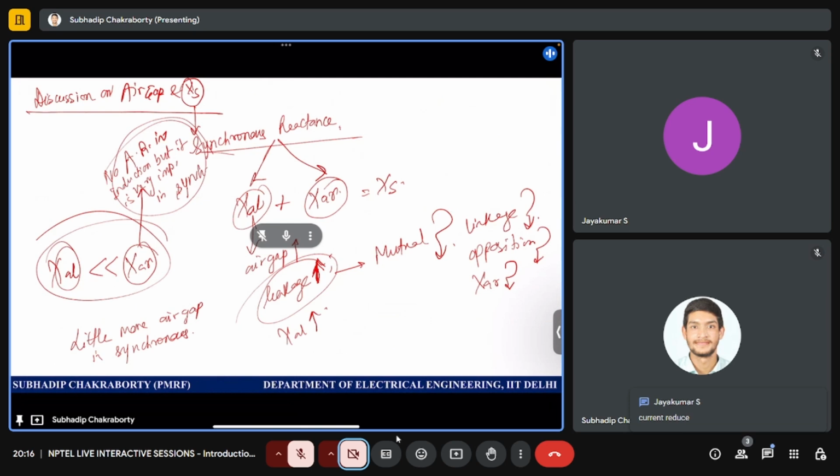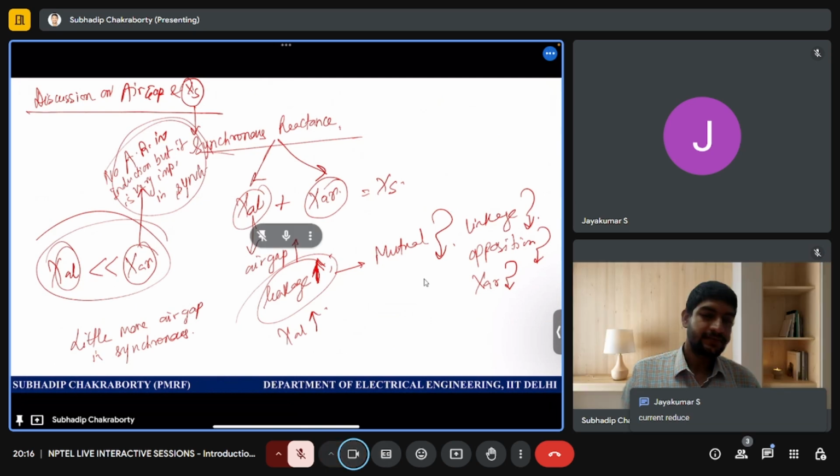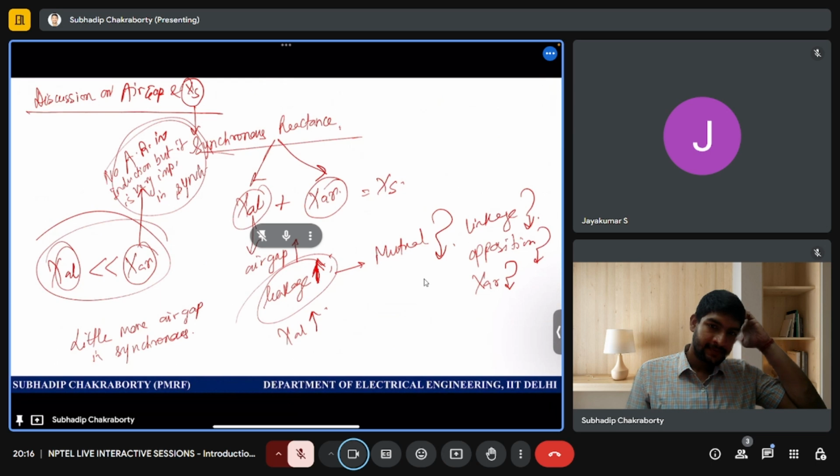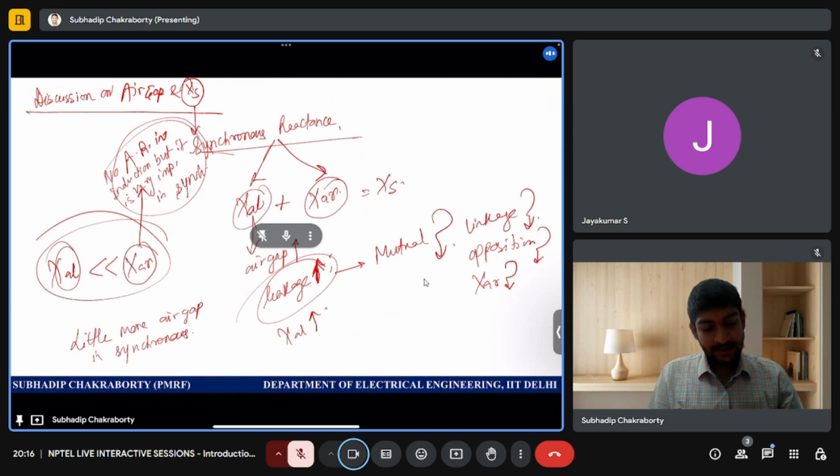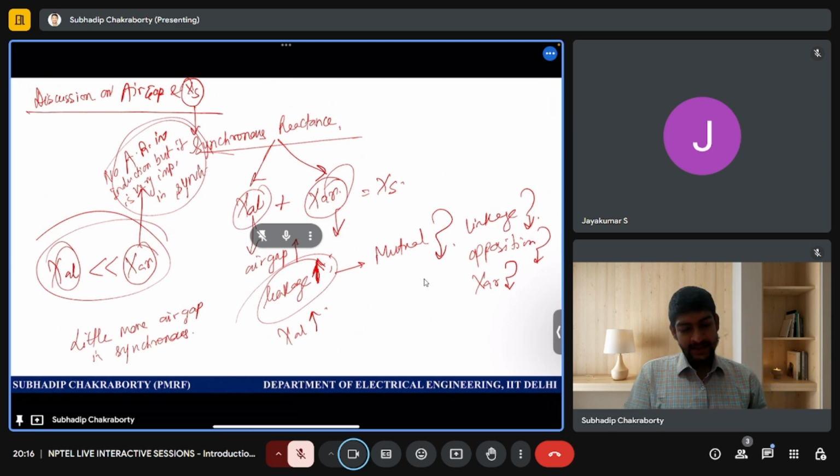No, the armature reaction reduces. The effect of armature reaction reduces. And once the effect of armature reaction reduces, since I told you that it is a dominant factor, the total XS reduces. The power transfer ability of the synchronous machine enhances.